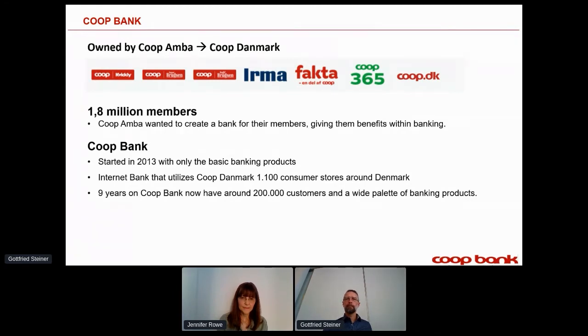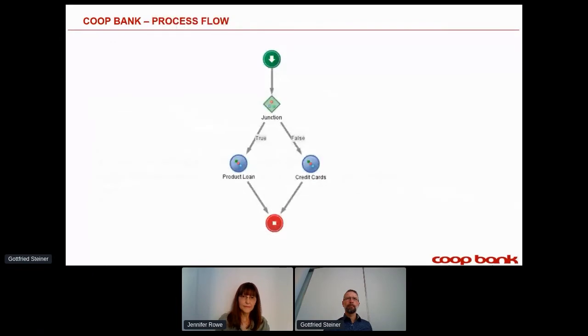We have quite a simple flow. As you see here, we've got a flow for the product loans and a flow for the credit cards, which I've been told is quite a simple flow anyway. We also utilize Experian's knowledge in developing scorecards.